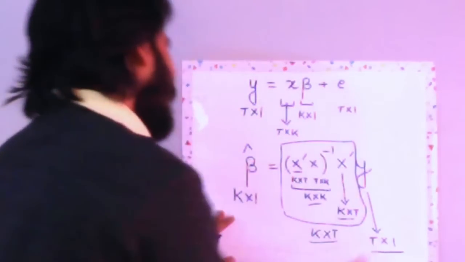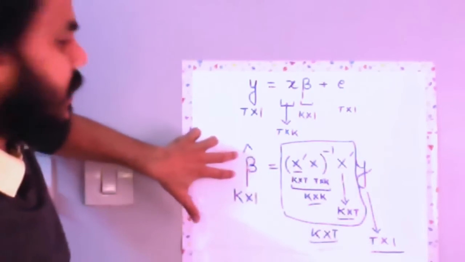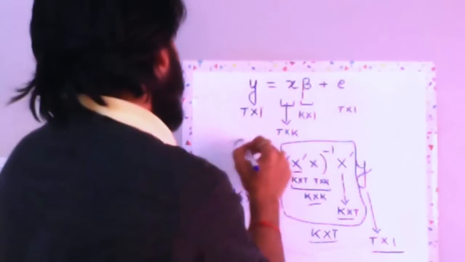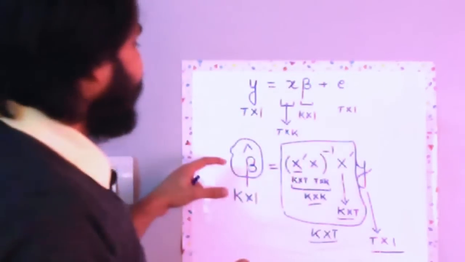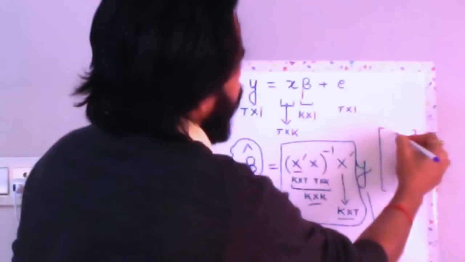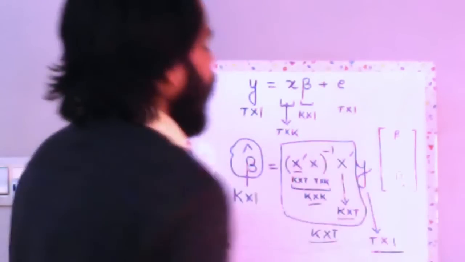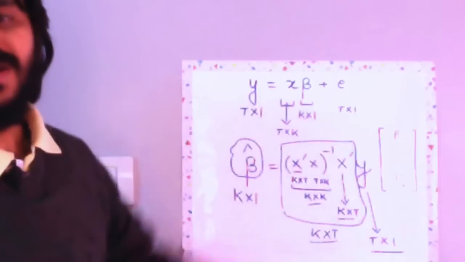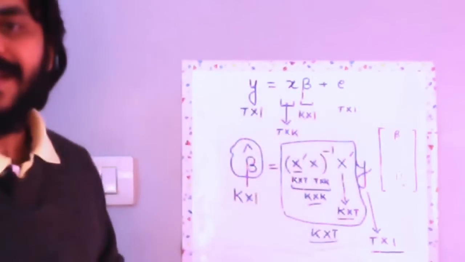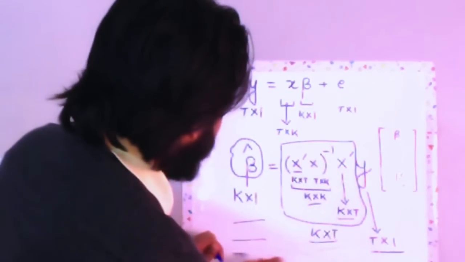But try to understand what's exactly happening. If you look at the estimate vector, or the coefficient matrix, this beta hat is a collection of betas from beta 1 to beta k. Now how are they calculated? This big box is a matrix of dimension k cross t, so it will have k rows.